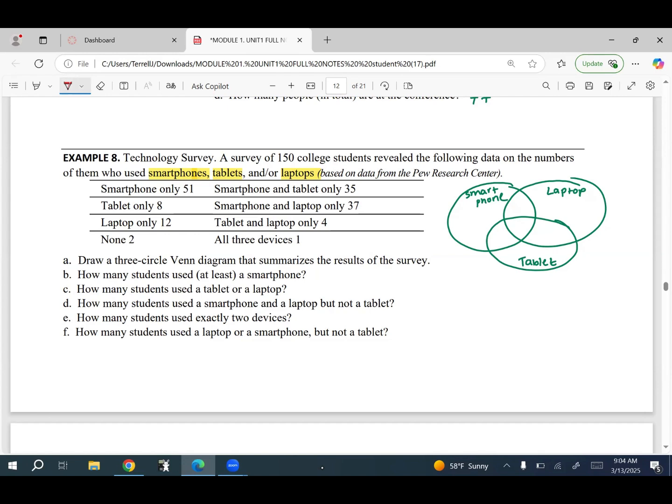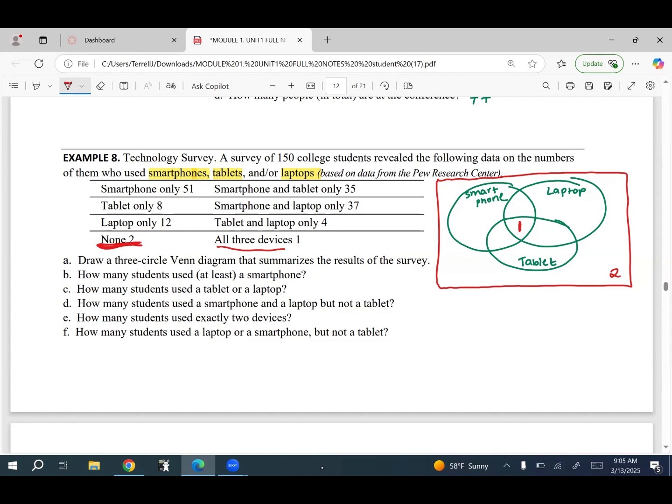And that means they have a smartphone, laptop, and tablet. So who has all 3 devices? We see here all 3 is 1. Okay, and let's not forget, we'll put a rectangle around this. And what that signifies is someone that doesn't have any of these devices. And we see there's a category for that. None would be 2. So that's where you would put the 2.